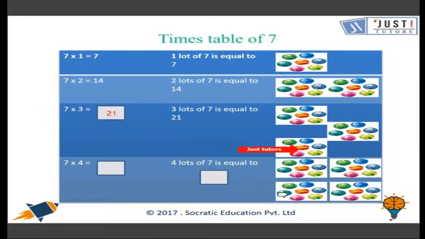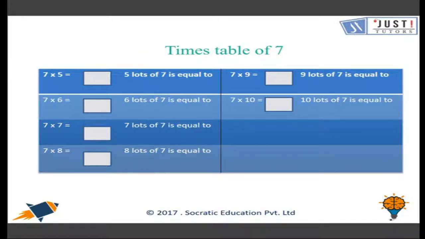Now 4 lots of 7 will be equal to 28. Now once again we will complete the times table of 7 here. So 5 lots of 7 will be equal to 35.